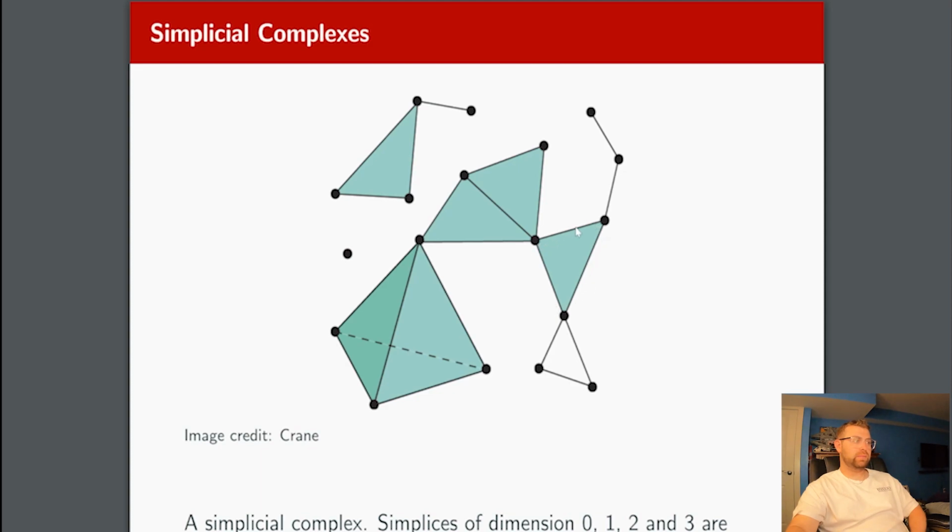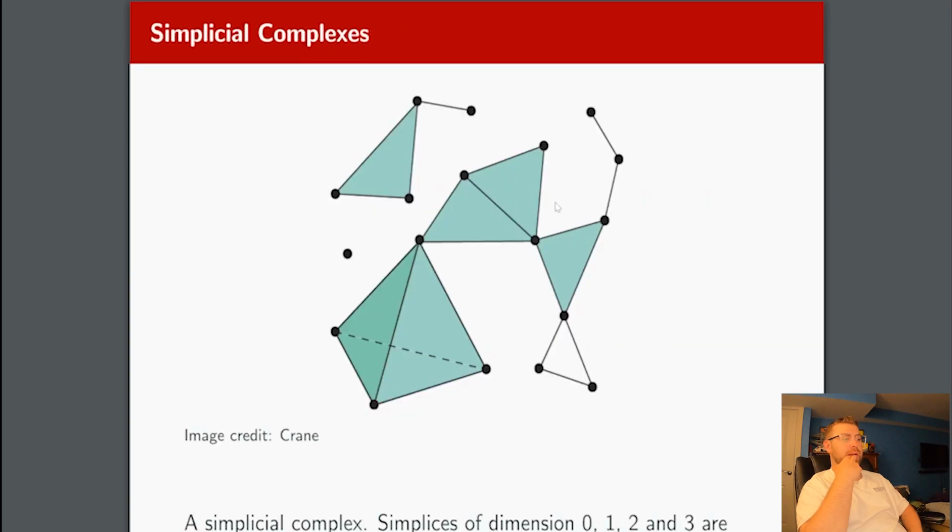And for this 3-simplex, this pyramid looking thing, each face is a 2-simplex, a triangle. Here's another triangle, a 2-simplex. And from that triangle, each edge is a 1-simplex, and each vertex is a 0-simplex. So that's a visualization for smaller dimensions.